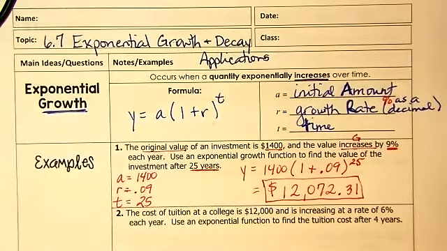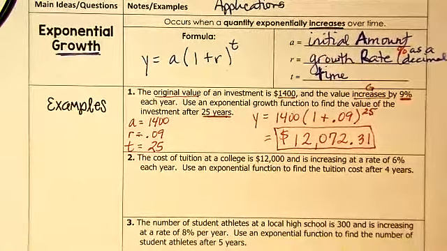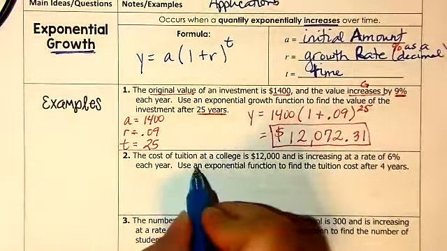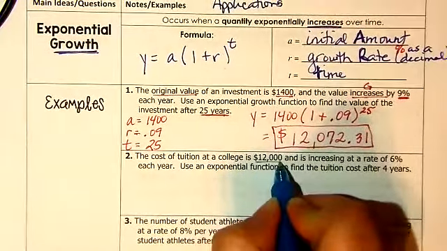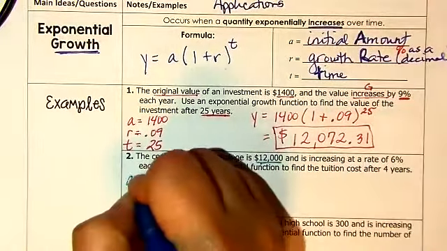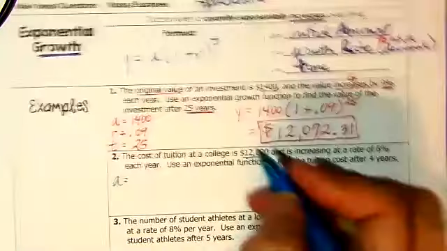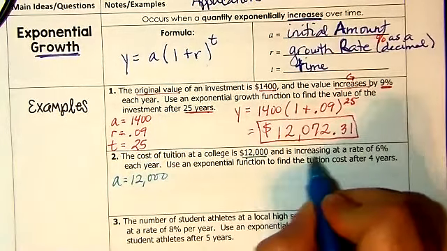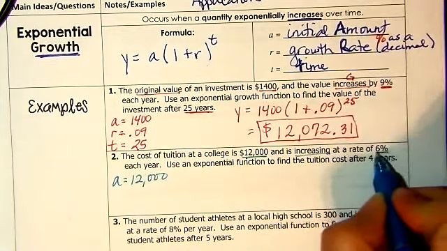Here we go. I'll go a little bit quicker because there won't be as much explaining for number 2. All right. The cost of a tuition at a college is $12,000. So that is my A, because that's what I'm starting with, the cost of the tuition. And that's $12,000. It is increasing at a rate of 6%.